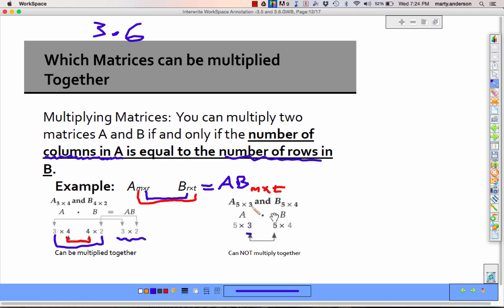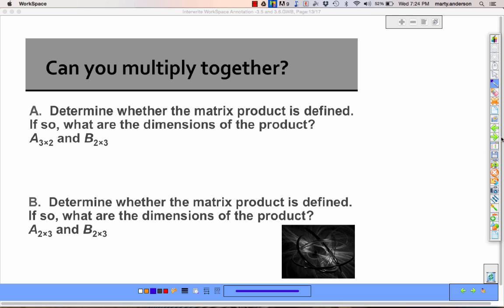Over here, a 5 by 3 times a 5 by 4. The only thing I'm looking at is, are these columns the same as those rows? And you will see why in a matter of minutes. You cannot do these. This would not be possible. So we're focused on these inside guys here. They've got to match up. Your answers are what's left over on the outside.